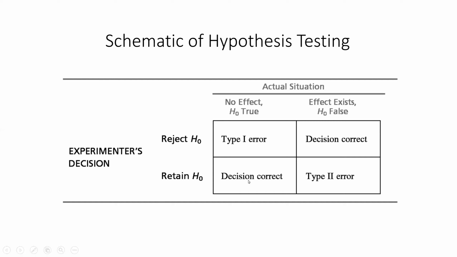That is represented in the lower left corner of the table. There are two other conclusions that could be reached, both of which are errors. And those have names in statistics called type 1 error and type 2 error. So we're going to look at each in turn.